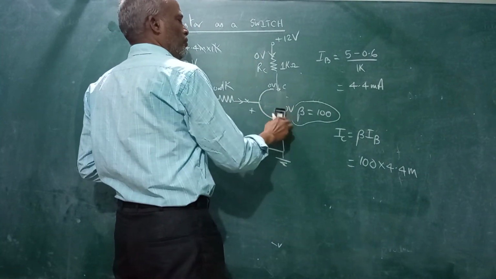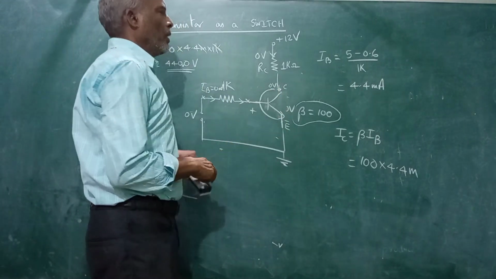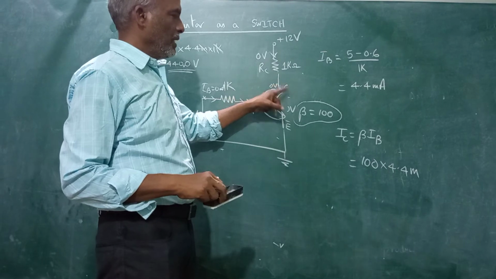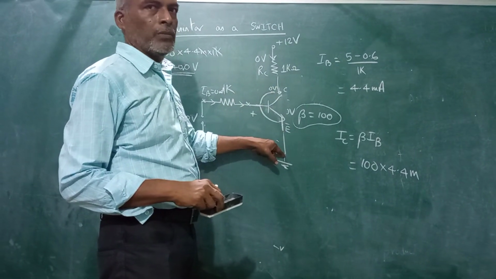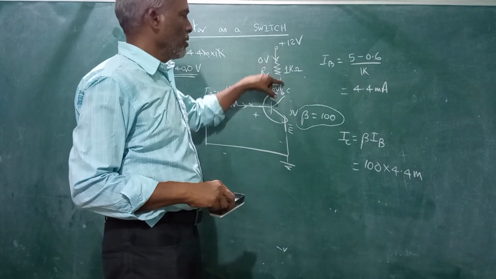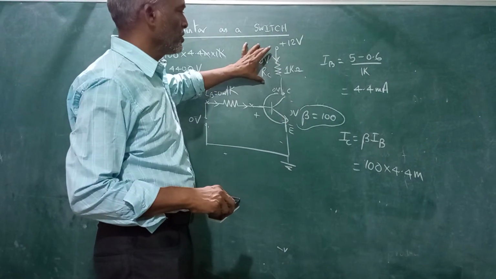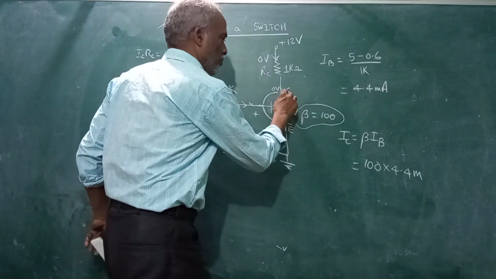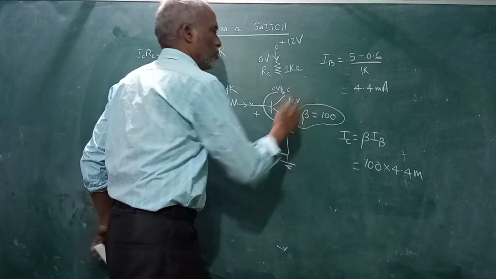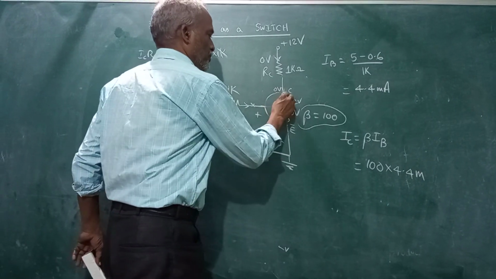So now you have the transistor. This will act as an open circuit. Why? This drop plus this drop should give you plus 12 volts. Now this drop is 0 volts. So the remaining voltage between this point and this point will be 12 volts. That means this can be viewed as an open circuit.